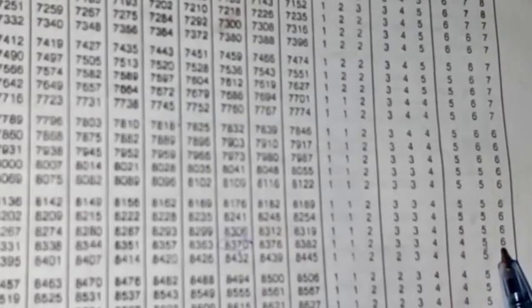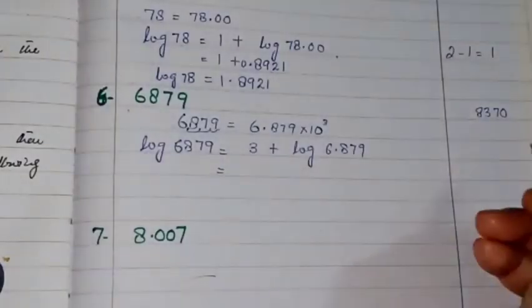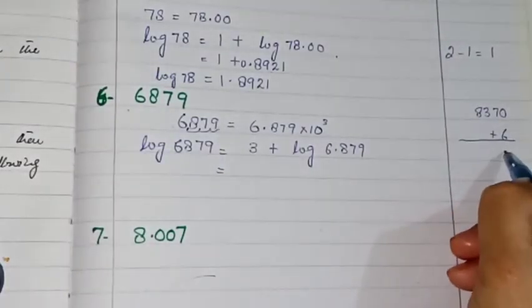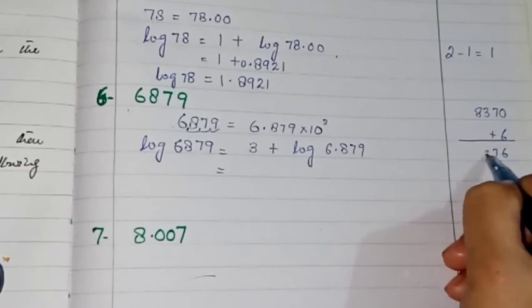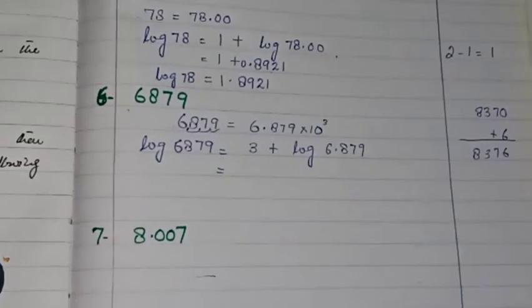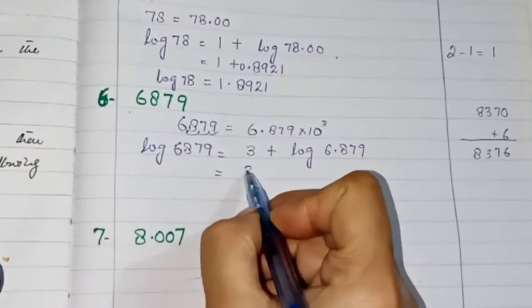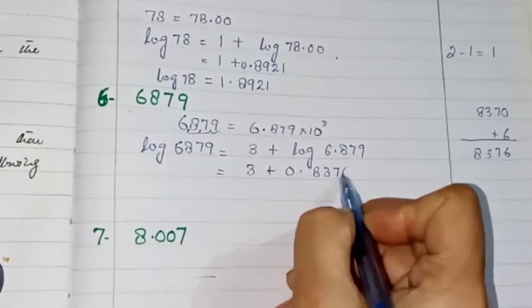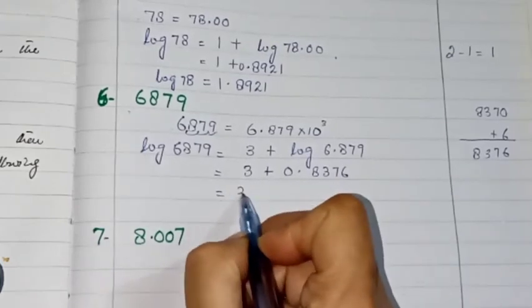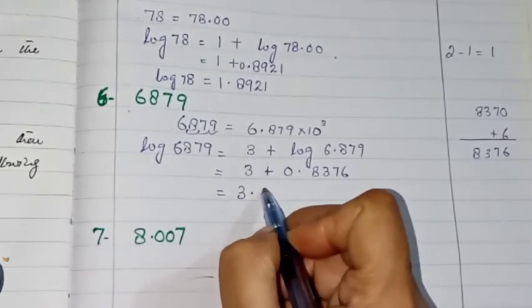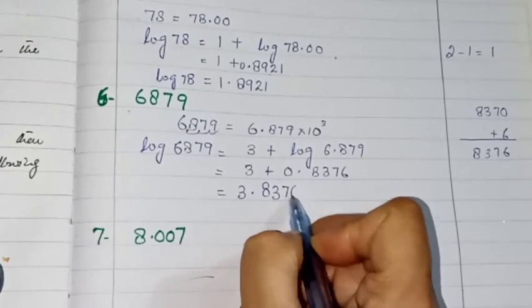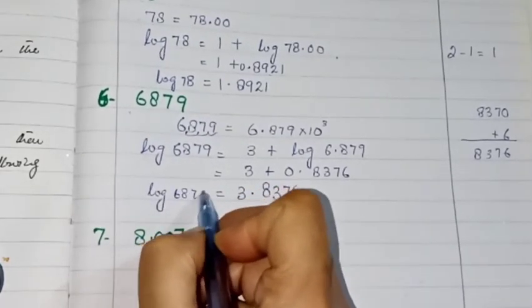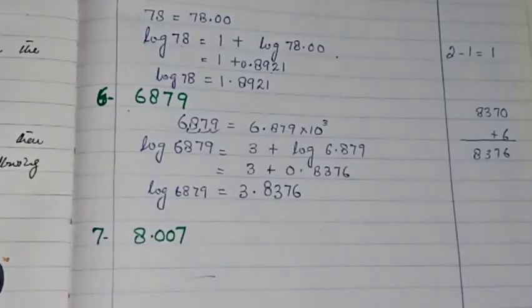So we have to add this 6 here. After adding, we get 8376. So we write it like 3 plus 0.8376, and the answer will be 3.8376. This is the answer for log of 6879.